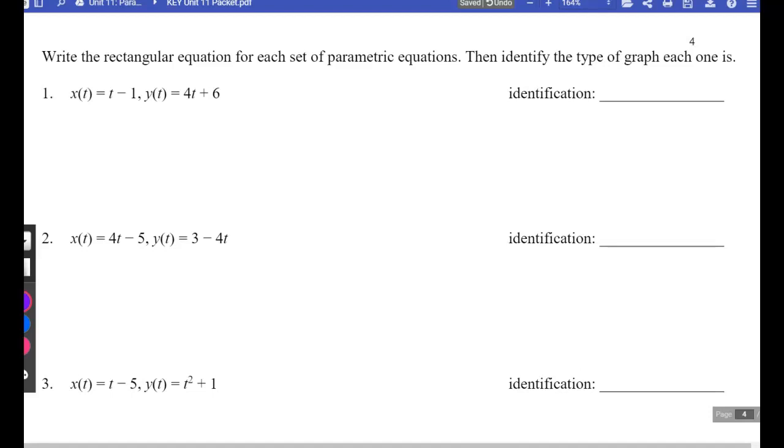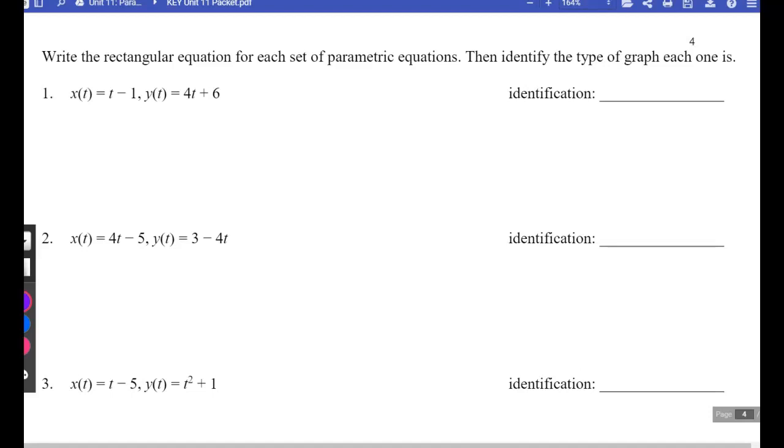In order to identify what shape they're going to form, we need to convert these parametrics back into rectangular equations. And it's actually quite straightforward how we do it in these first couple of cases. All you have to do is, for one of the parametrics, it doesn't matter which, solve for t.